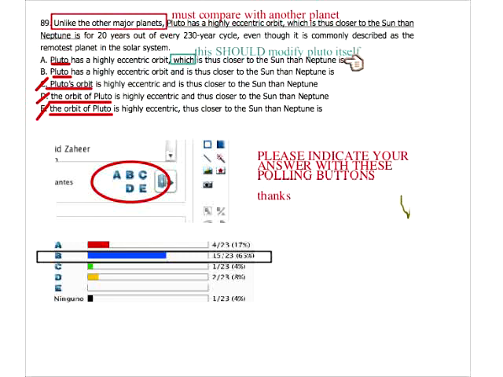So we've got to be talking about a planet. But the actual rule here is that which refers to the noun that's right before it. So unfortunately, which is talking about the orbit and not about Pluto. So this is incorrect for that reason.